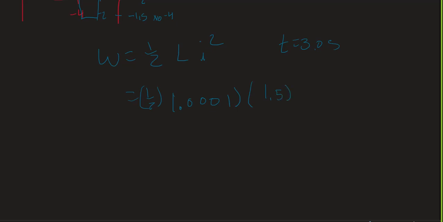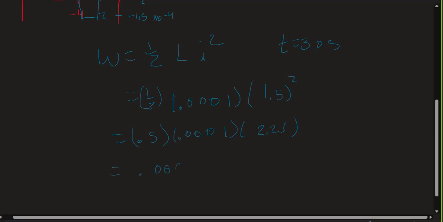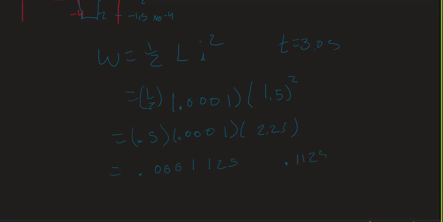So 1.5 squared, so 0.5 times 0.0001 times 2.25, and I get 0.001125 or 0.1125 millijoules.